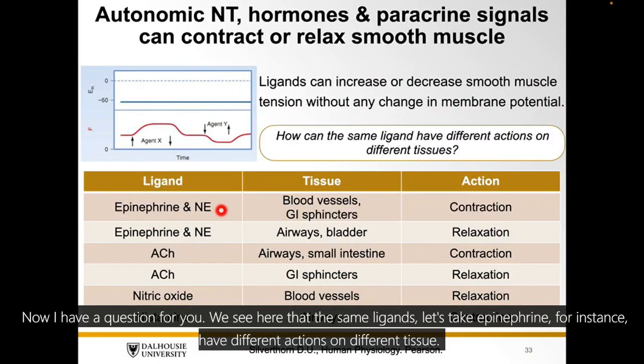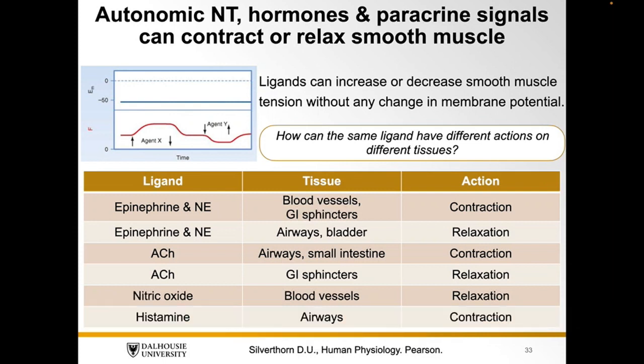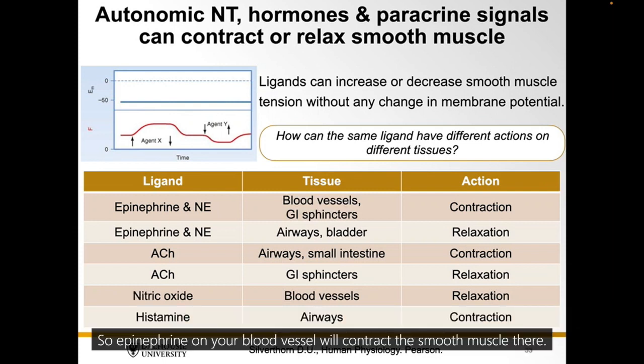We see here that the same ligands, let's take epinephrine for instance, have different actions on different tissue. So epinephrine on your blood vessel will contract the smooth muscle there. Epinephrine on your bladder will relax the smooth muscles here. How can this happen? So this should be a review of our concepts about cellular communication.